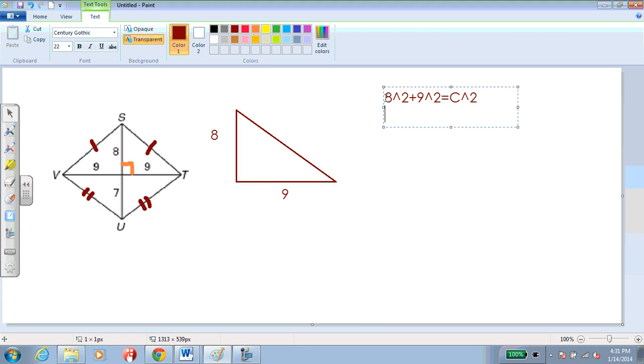Now, 8 squared is 64, and 9 squared is 81. 64 and 81 combined together give me 145.